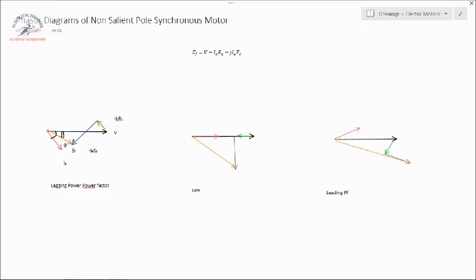So this is how the phasor diagram looks for lagging power factor, unity power factor, and leading power factor. In each and every case there is a delta present. Between Ef and V there is always a phase difference, and this phase difference is called the load angle or the torque angle.